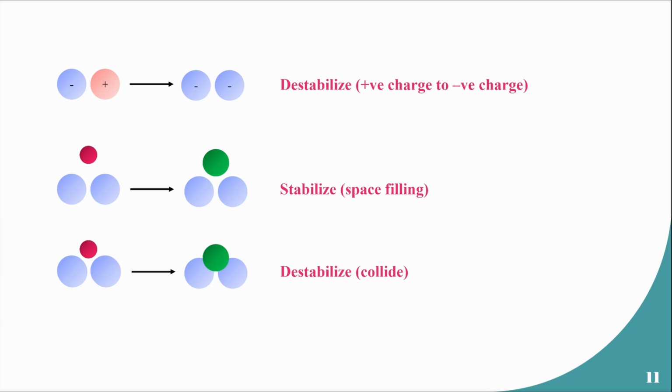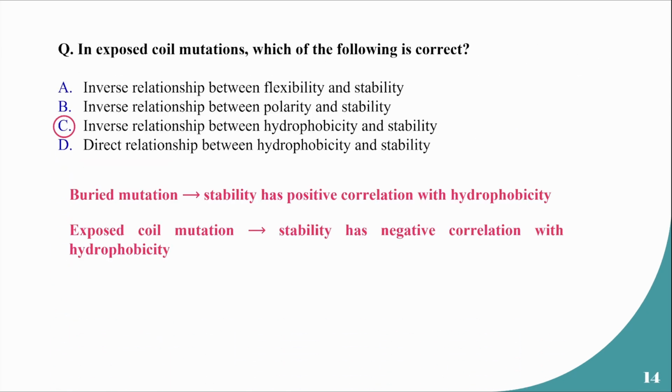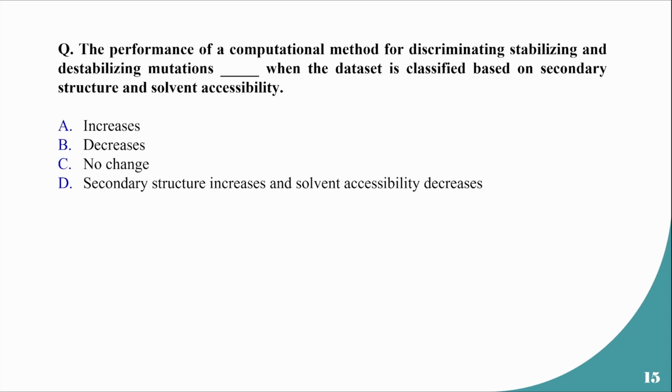Depending on the surrounding environment, that can impact the stability or conversely the destabilization of the mutated structures. We calculated some binding free energies, and based on that, we would try to infer the packing of certain residues before it was mutated. So we also did these kinds of calculations, and then we talked about what sort of mutations would bring forward what sort of stability, flexibility, hydrophobicity, and so on.